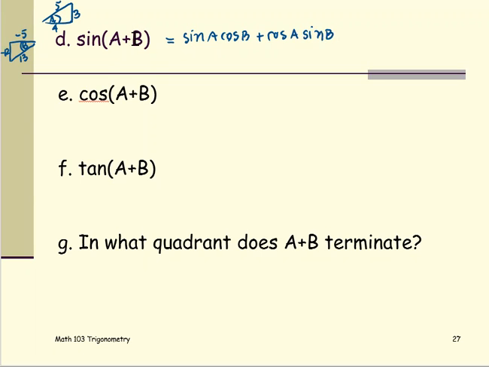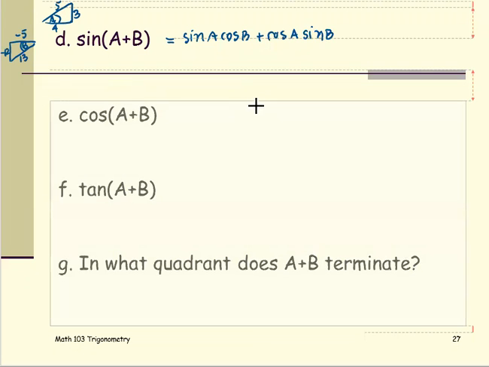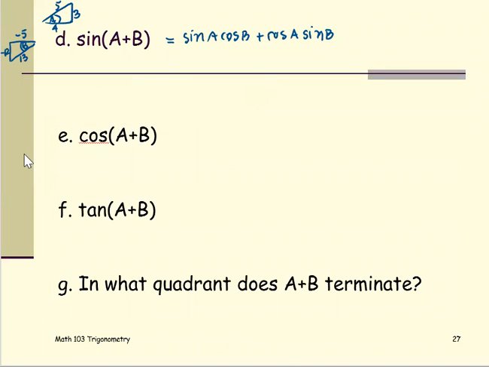I'm going to make some room here a little bit. Then replace it: the sine of A is 3 over 5, the cosine of B is negative 5 over 13, the cosine A is 4 over 5, and the sine B is negative 12 over 13.